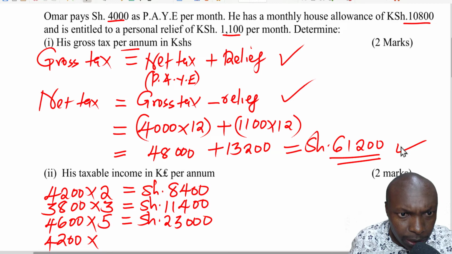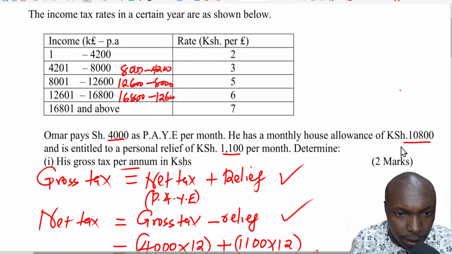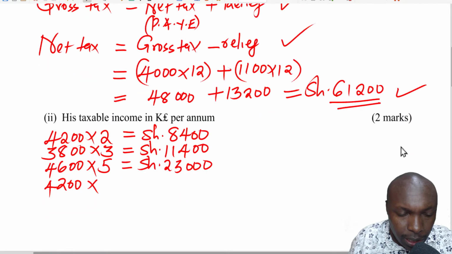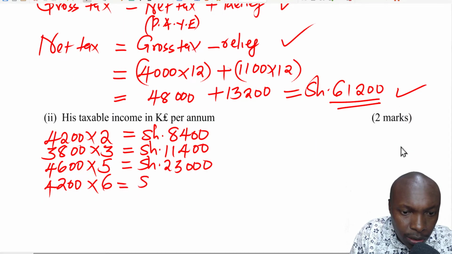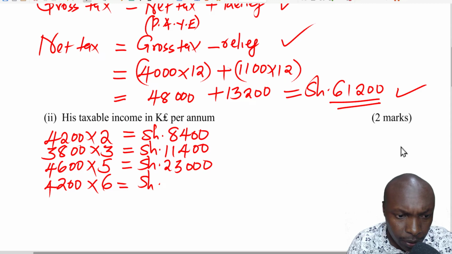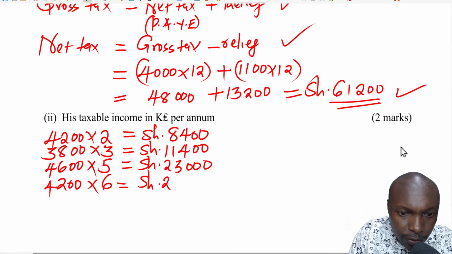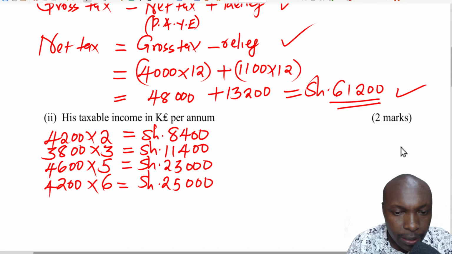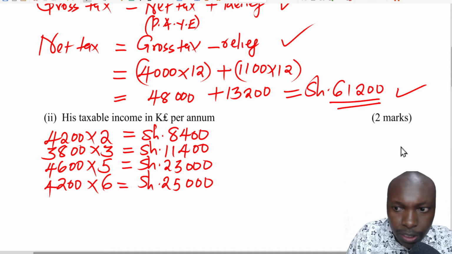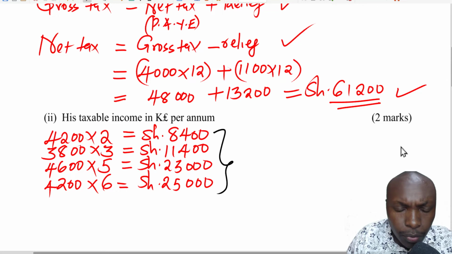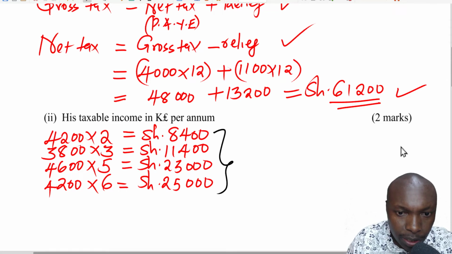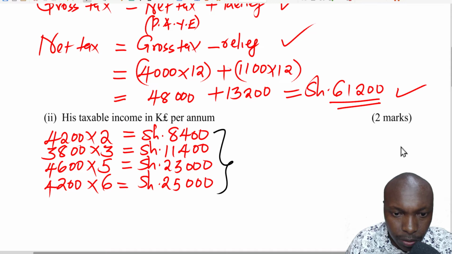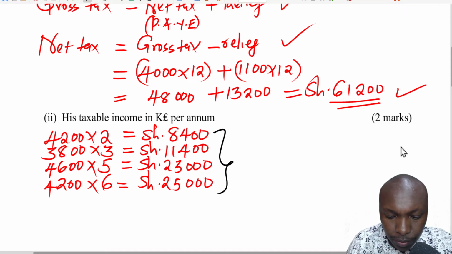Then if you multiply that by the taxation rate in that slab, which is 6, 4,200 multiplied by 6 will give 25,200. Before we proceed, let us test and see if we add all these figures what we get.